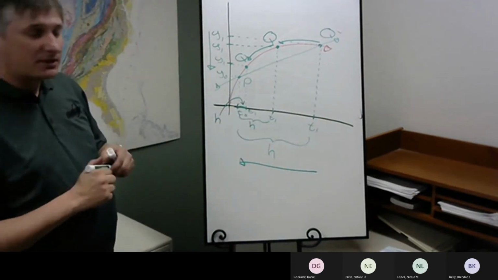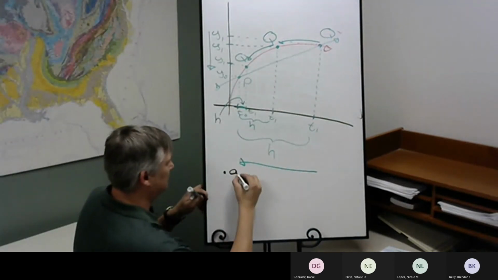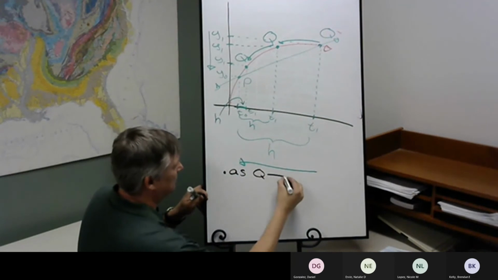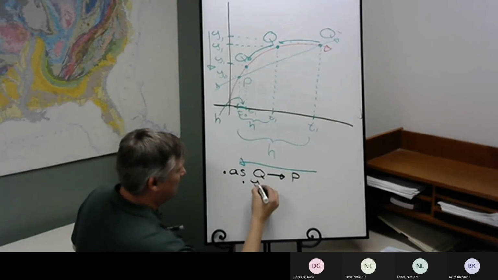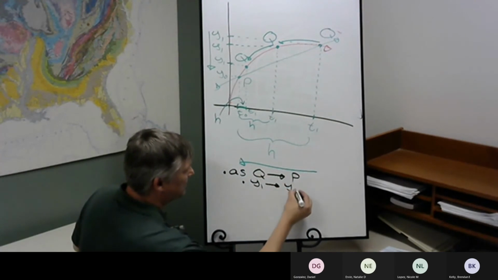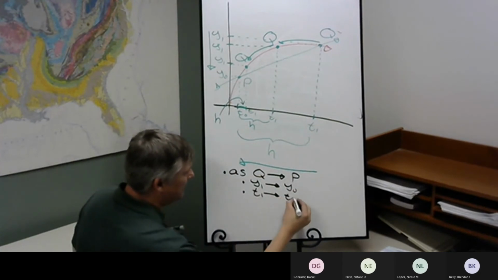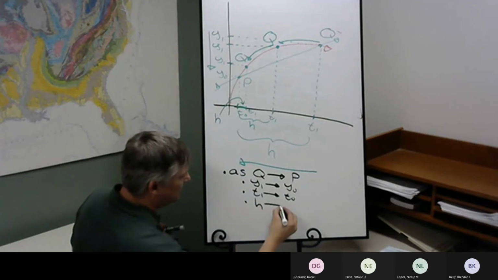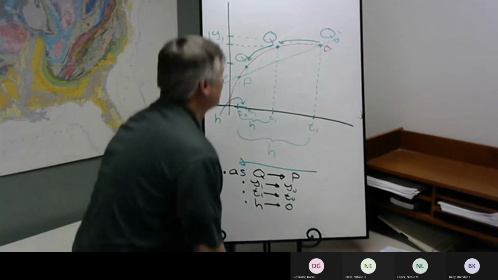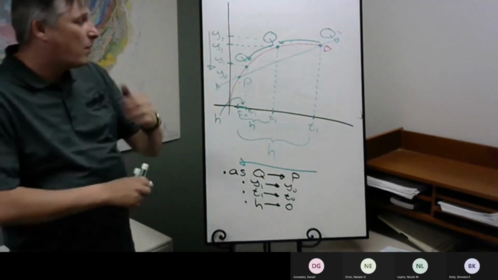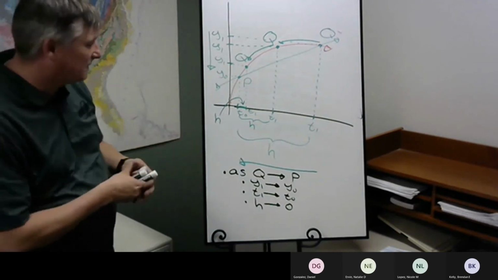And then H is getting smaller. So as Q gets closer to P, Y1 gets closer to Y0, T1 gets closer to T0, and H is going to 0. It's shrinking to nothing. So questions about that? It's a little messy, I admit.